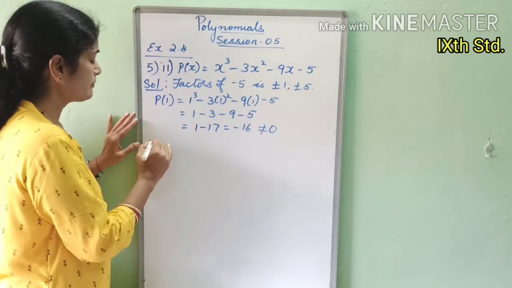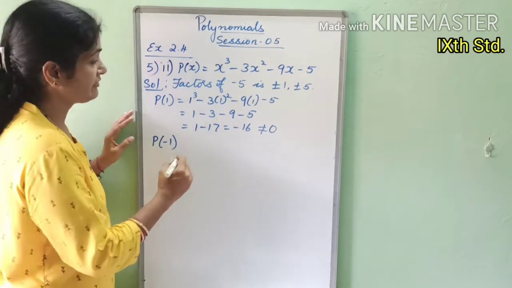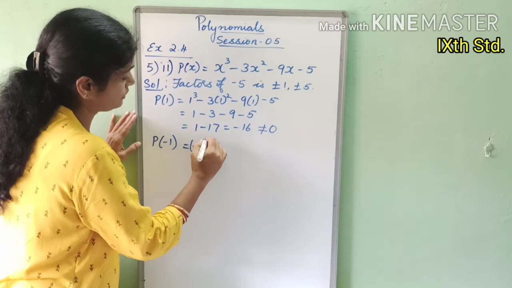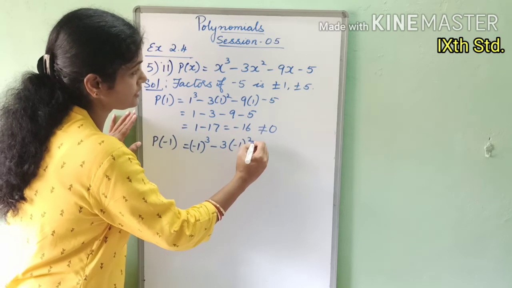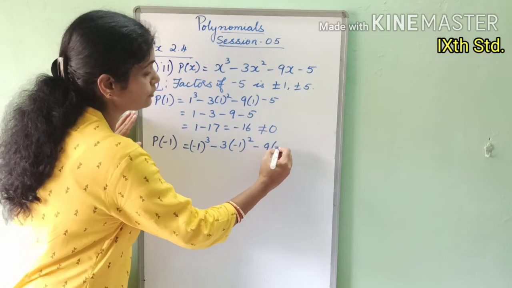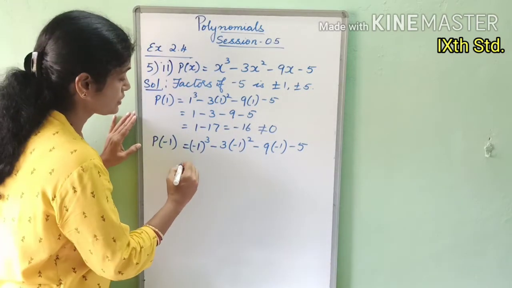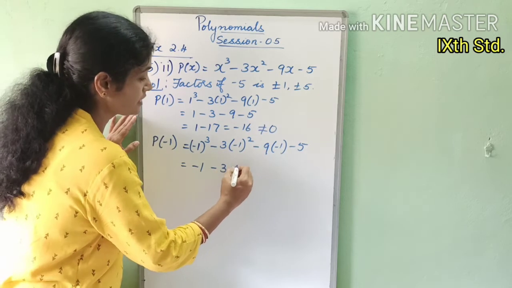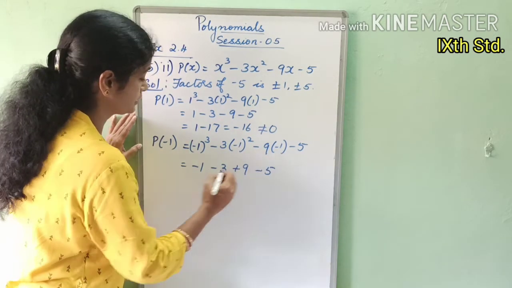Then maybe we will try with p of minus 1. So this will be minus 1 whole cube minus 3 into minus 1 whole square minus 9 into minus 1 minus 5. Okay, so this is minus 1, this minus 3 as it is, this is plus 9 minus 5.